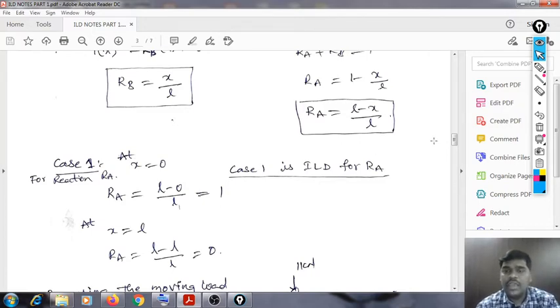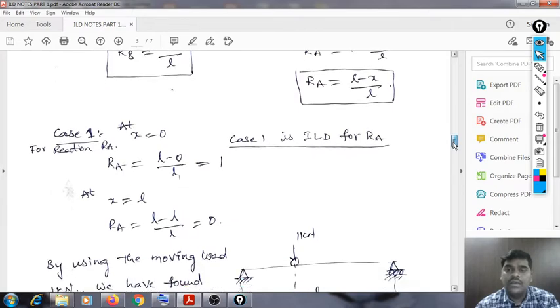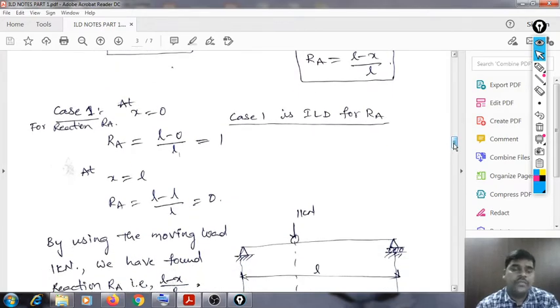So here we can infer that RA at end B, that means at X equal to L, where the load is at end B, will be 0. At point B, RA doesn't play any role, it is negligible.